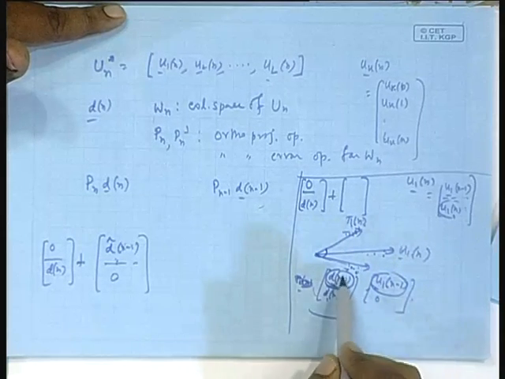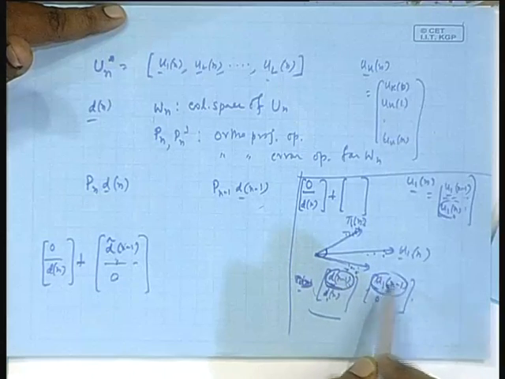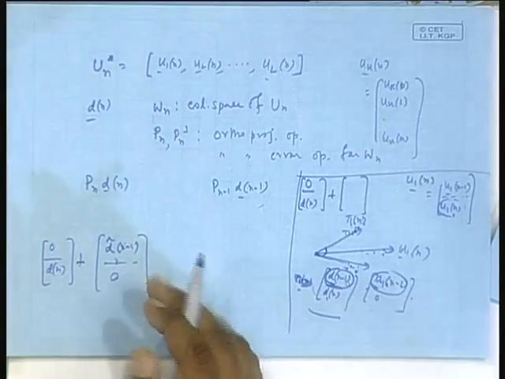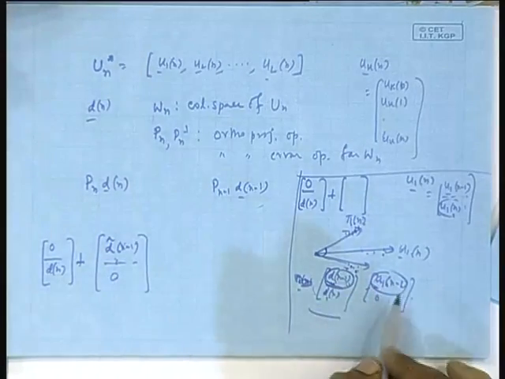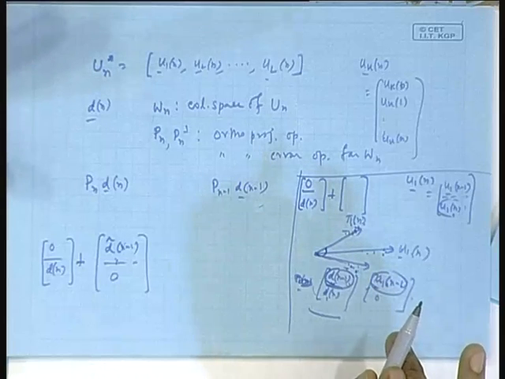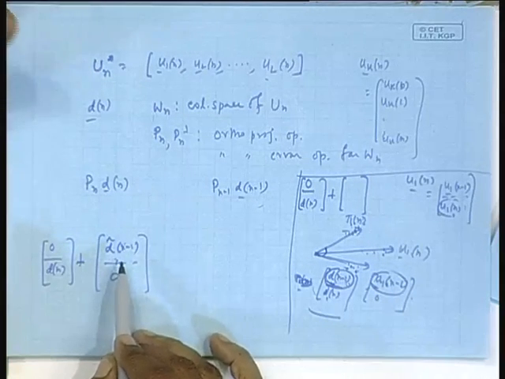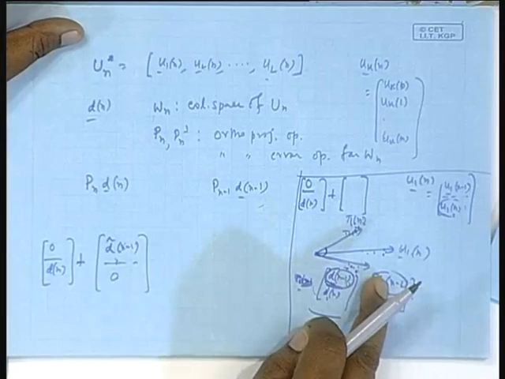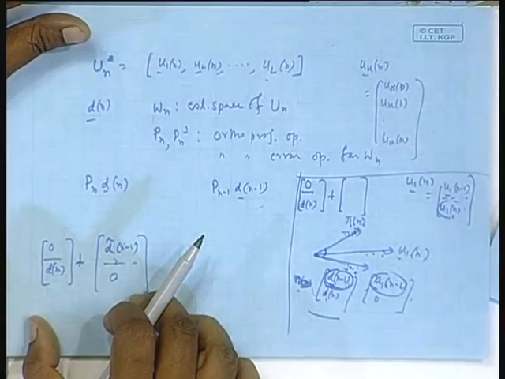Since lambda cancels, it is simply the inner product between these two guys divided by the norm square of this guy. That times this u 1 n minus 1 here. That is nothing but projection of d n minus 1 vector on u 1 n minus 1 vector. That is an estimate based on data up to n minus 1 along this axis. The 0. This is the overall projection.